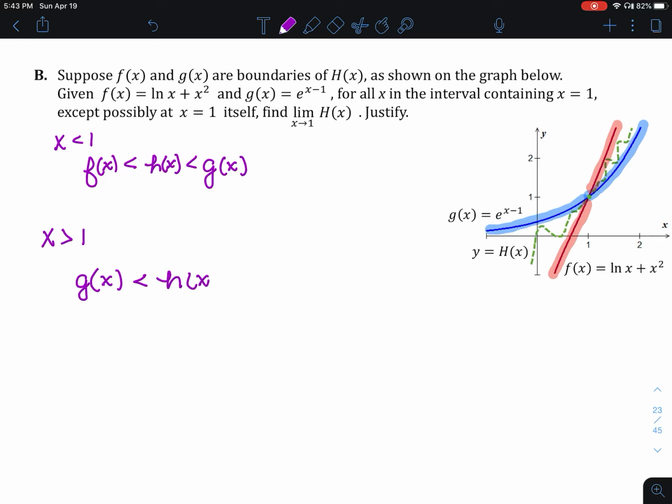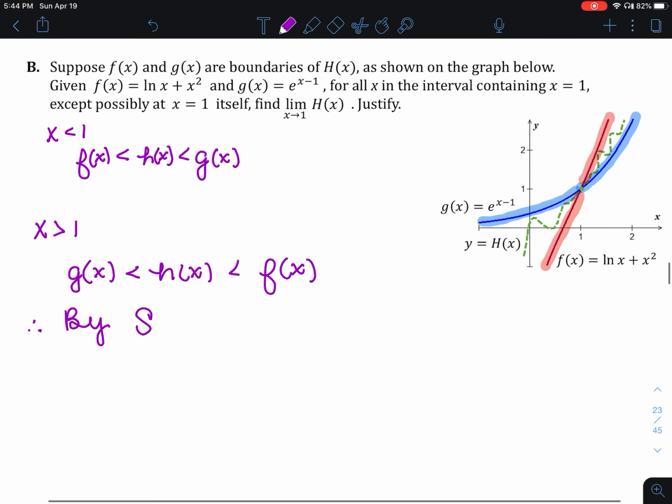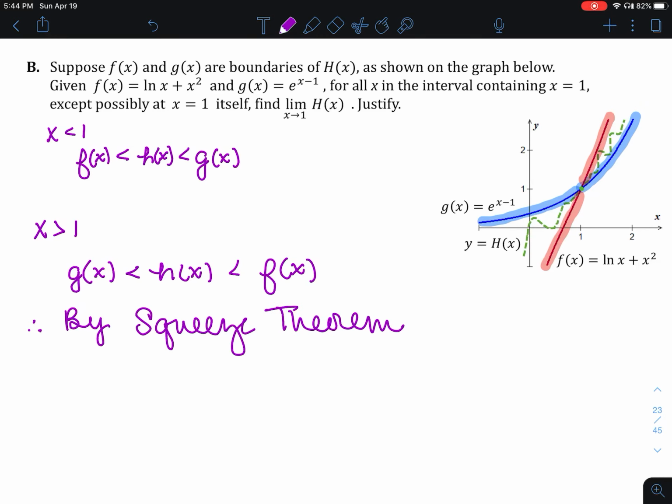And h of x is less than f of x. And so we still see, though, that it is squeezed between from both the left and the right. Okay, so therefore, by squeeze theorem, the limit as x approaches 1 of h of x equals 1.